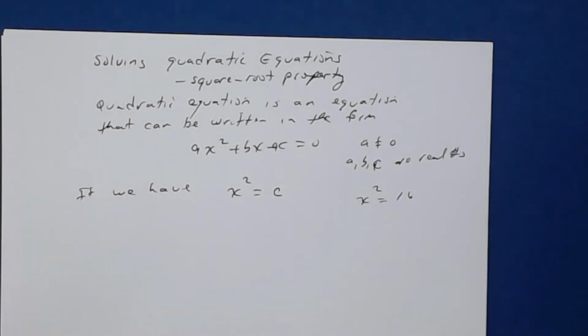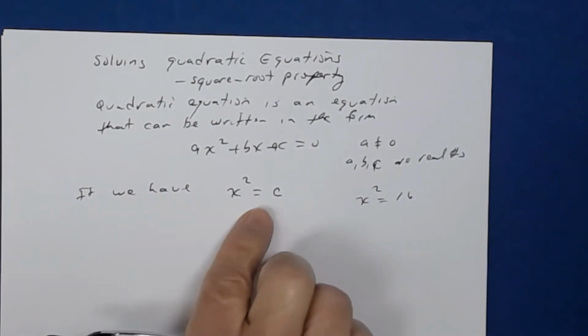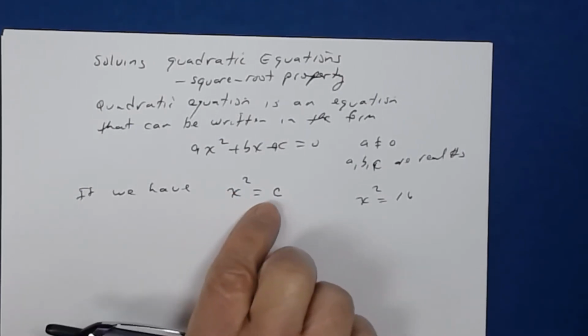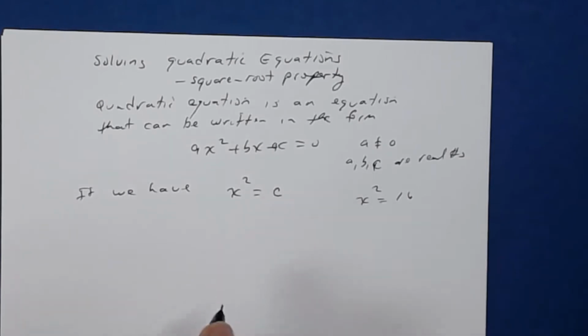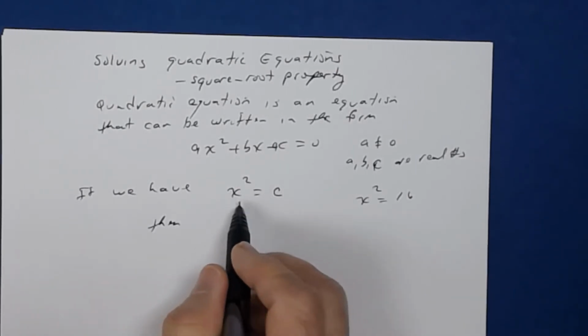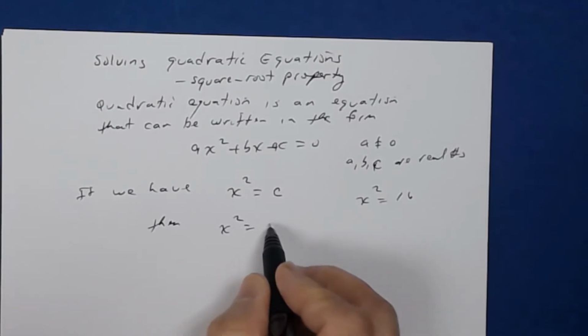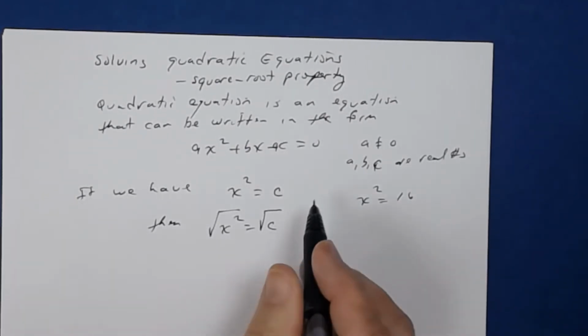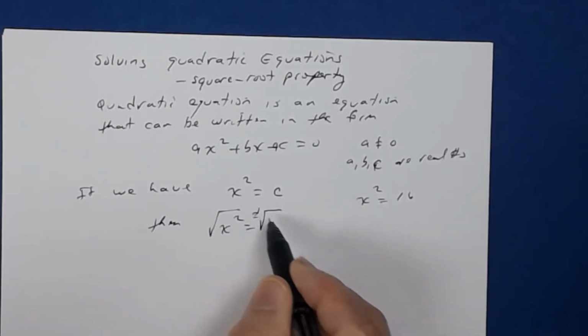If we have x squared equals c, so some expression squared equals a constant, then to solve for x, I can take the square root of both sides. And when I do, don't forget the plus or minus.